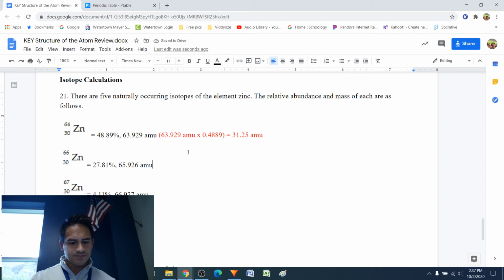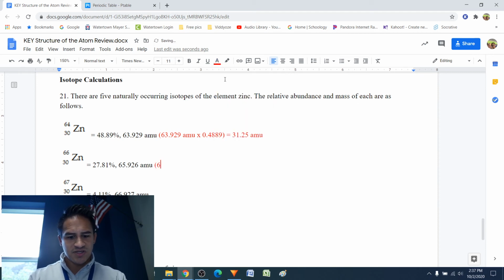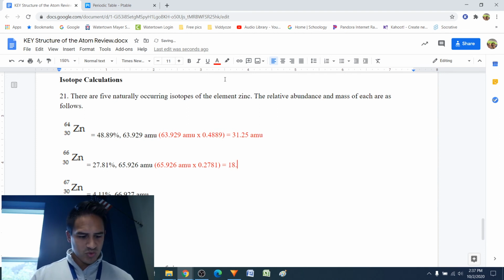The next one, same thing. We take our mass, 65.926 AMU, and multiply that by 0.2781, that percentage. 65.926 times 0.2781 gives us 18.33 AMU.